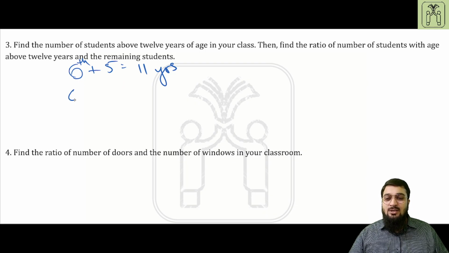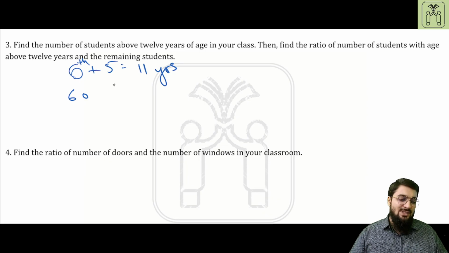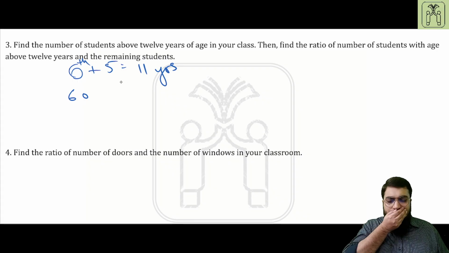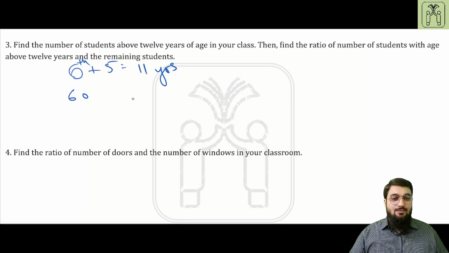So generally in a class of 60 students, let us say only 5 students are more than 12 years of age. So we will write the ratio of students above 12 to the ratio of students less than 12, that is 11, and so on.